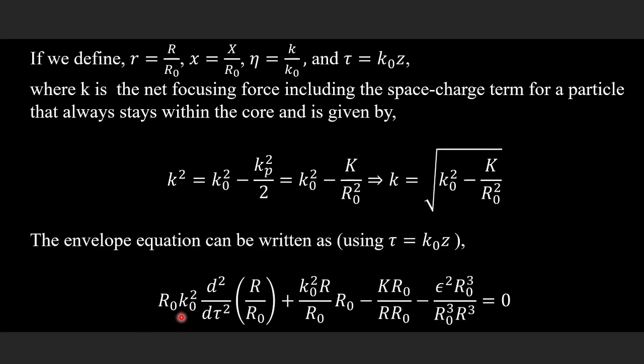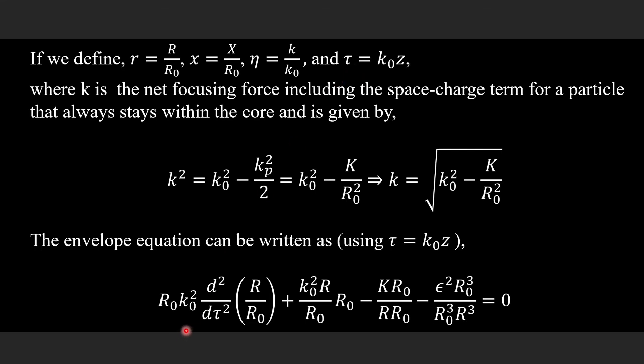Alright, so we use the envelope equation, we'll write r by r naught, and to compensate this we have r naught here, and this dz will be substituted by tau, and that's why we have a k naught square here, because tau is k naught z. You calculate d tau dz from here.